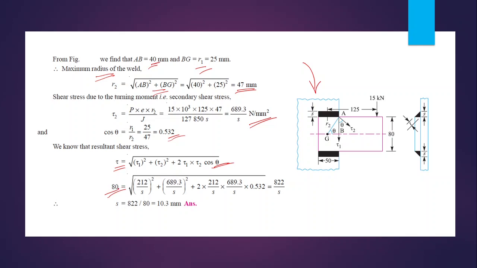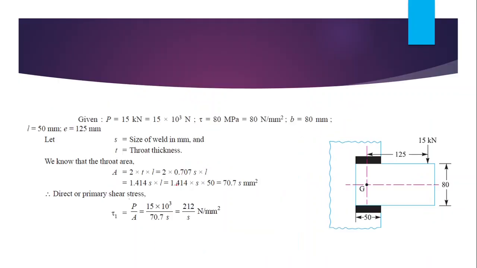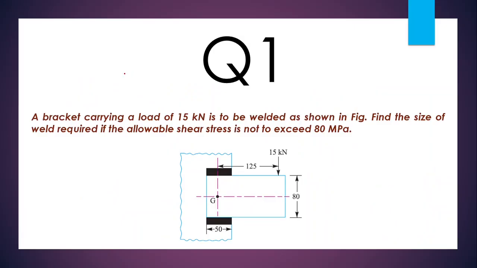Then we can equate 822 by S to 80. Then we can easily find out this S, the size of the weld, as 10.3 mm. Here 80 means the allowable shear stress must not exceed 80 megapascal.